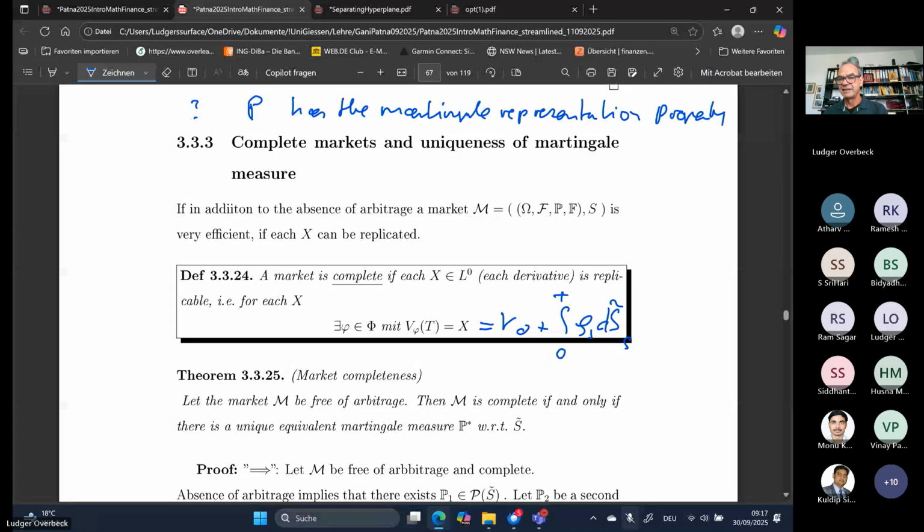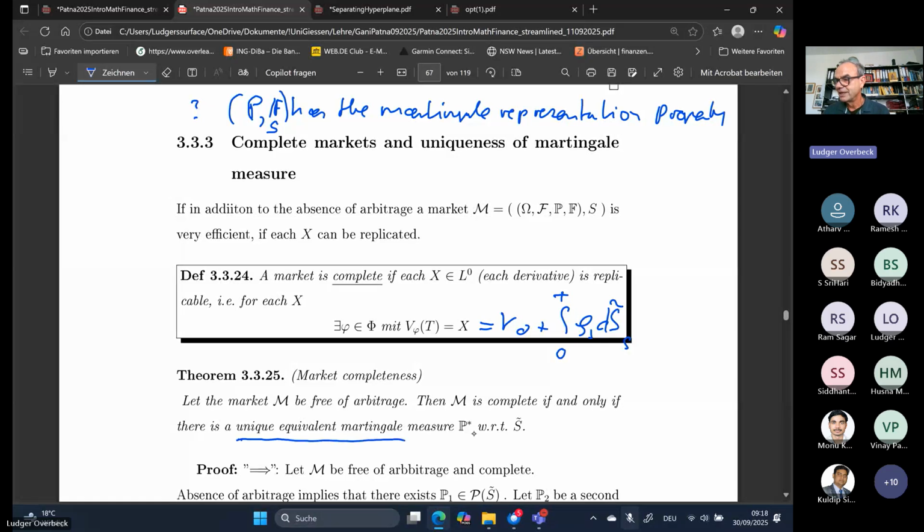The fundamental question of your mathematical models where you want to price is: does P, with the filtration and your process S, have the martingale representation property? If this is the case, then your market is complete. And then you can do this risk-neutral pricing in all circumstances.